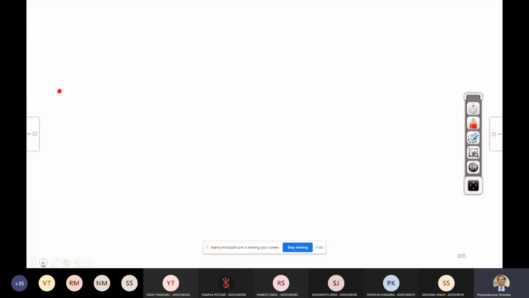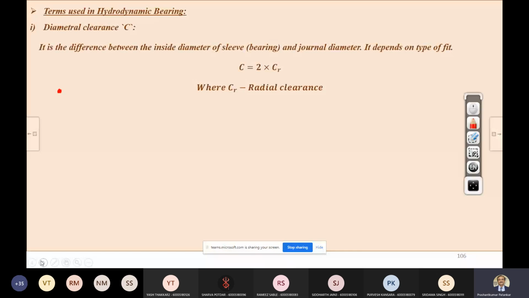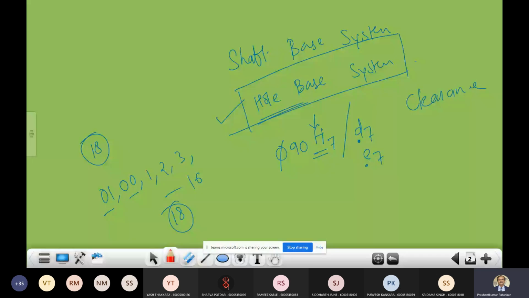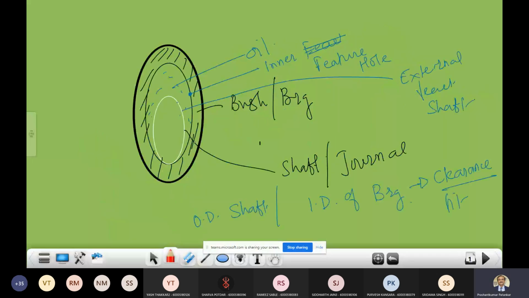Now we have to discuss the various terms associated with this hydrodynamic bearing. The first term is your diametral clearance. With respect to this figure, suppose the diameter of your shaft is 80, and the inside diameter of this hole is 81.